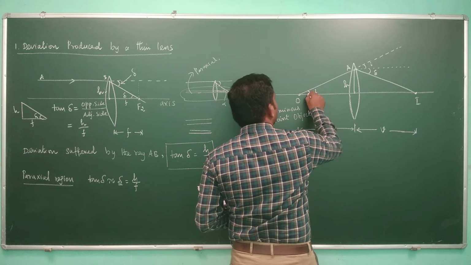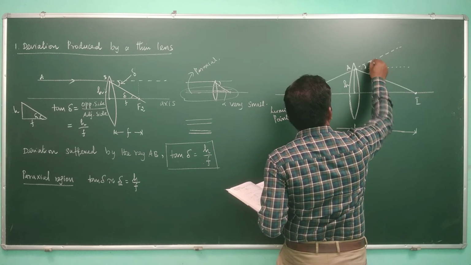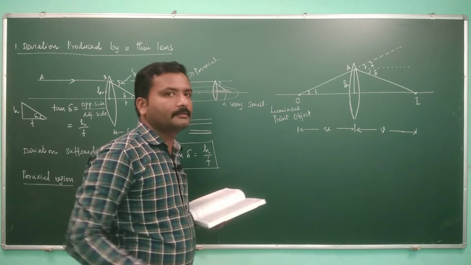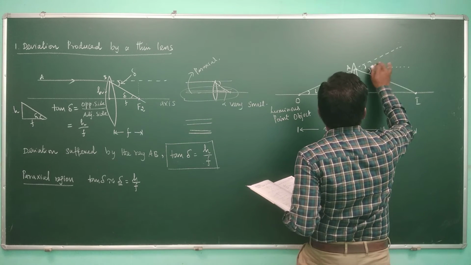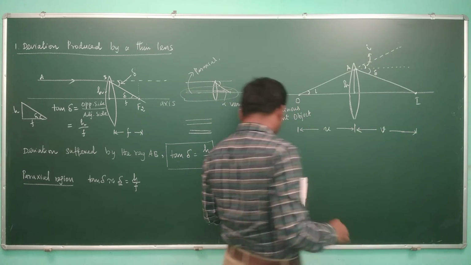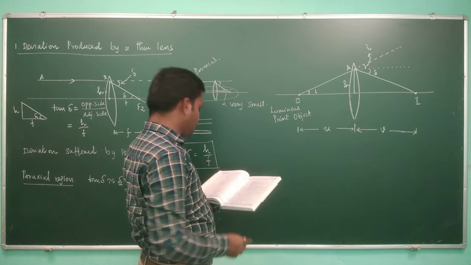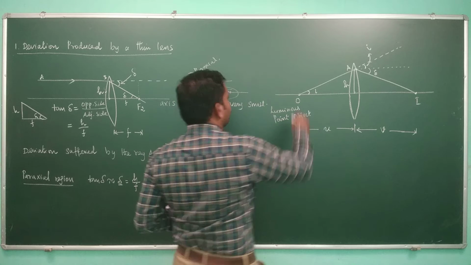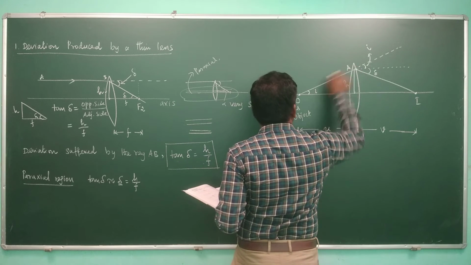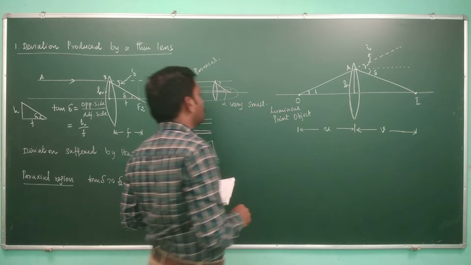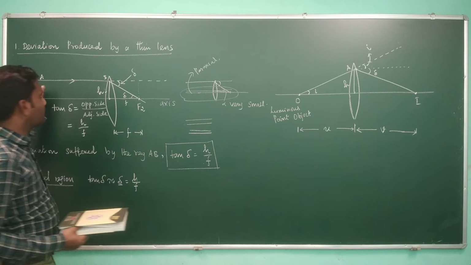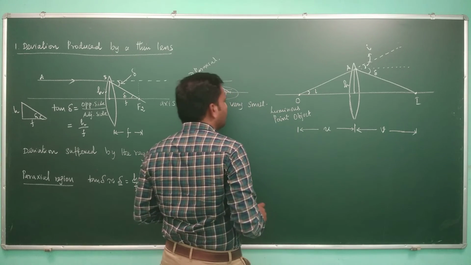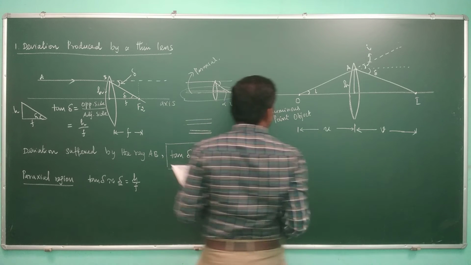If this angle is i, then this is also i. Now this incident ray OA is coming from the luminous point object O. Here the light ray is not parallel, it is coming from a point object.